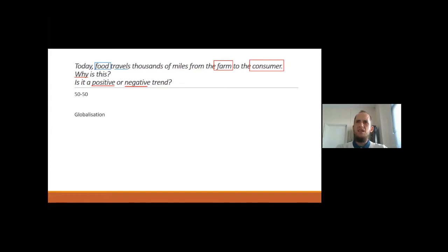I'm going to argue the reason why food is traveling so far is obviously globalization. And I'm going to give the example of bananas. So everybody in Kazakhstan has eaten banana, and I think everybody in Kazakhstan enjoys eating bananas. However, I've never seen a banana tree in Kazakhstan.